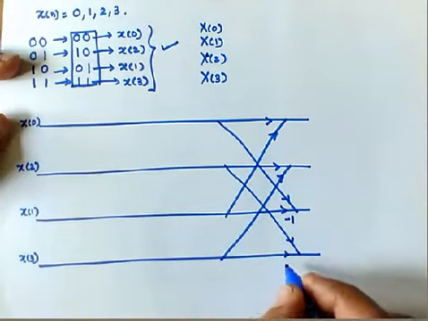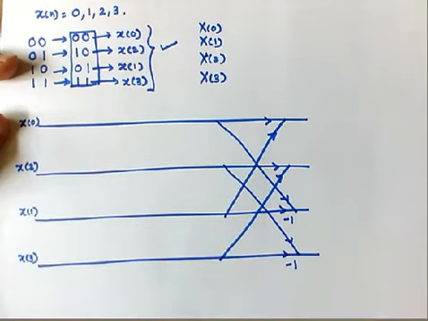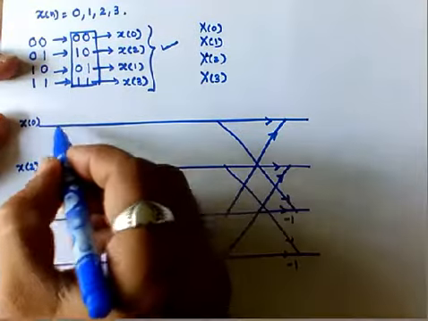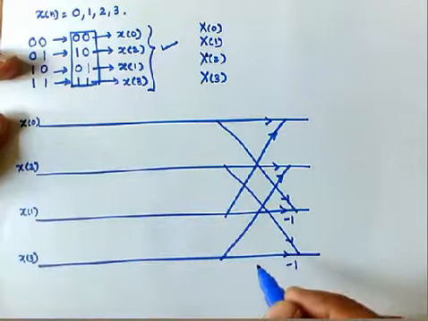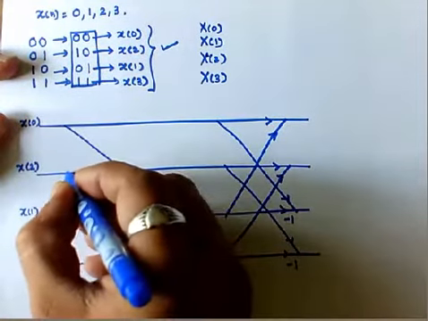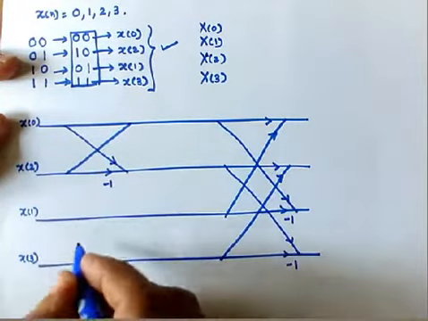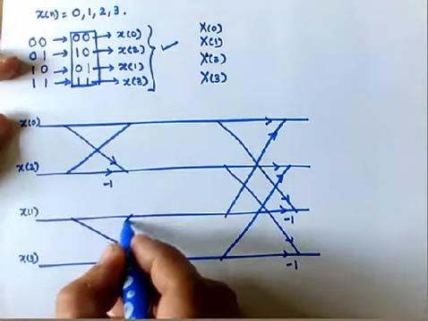For the second, this is also -1. Now let's have the values here. For the second stage, the number of butterflies will be the same, only the step will be distinct like this. So this is -1, this is again -1.